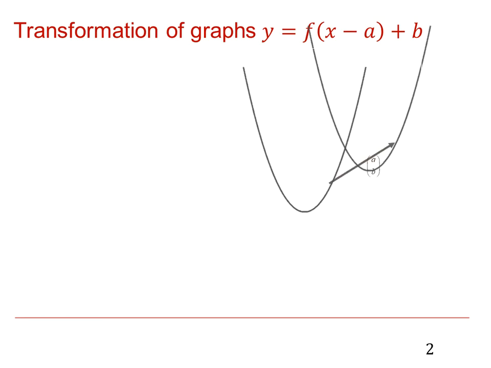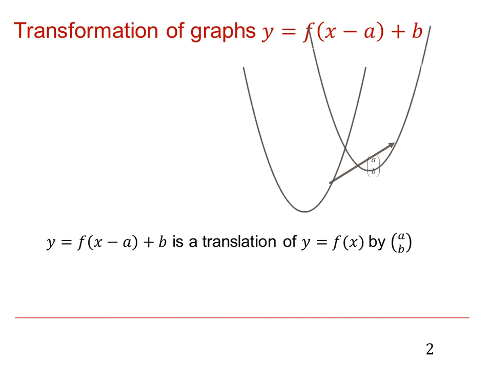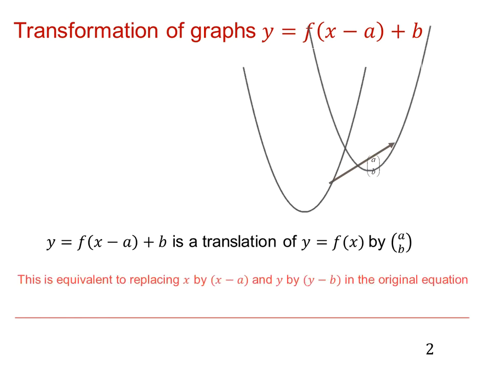So in fact it's moved along a vector (a, b). This is the same as replacing x by x minus a and y by y minus b in the original equation. So this transformation is a translation of the graph by a vector (a, b).